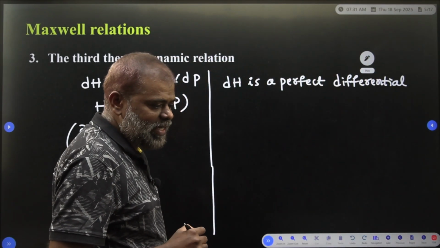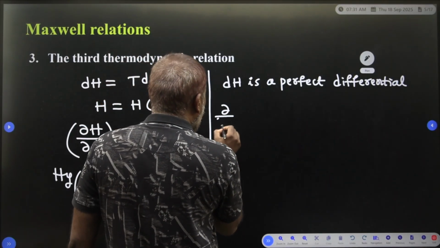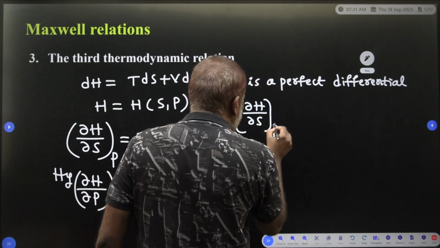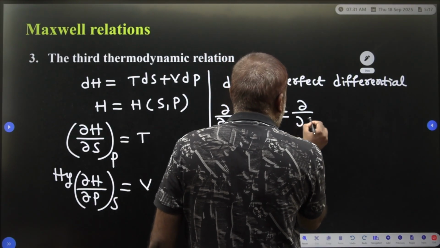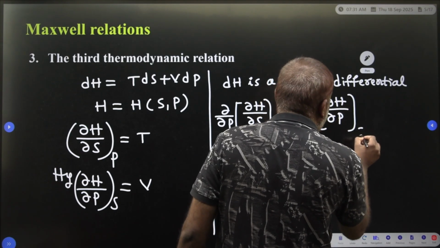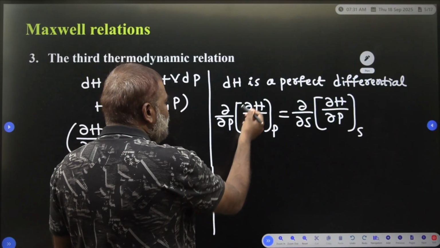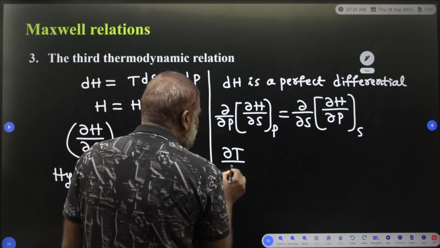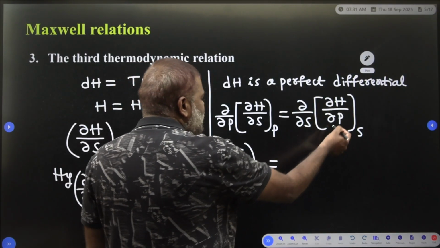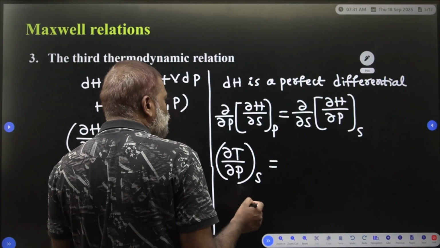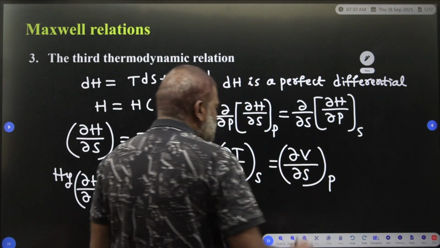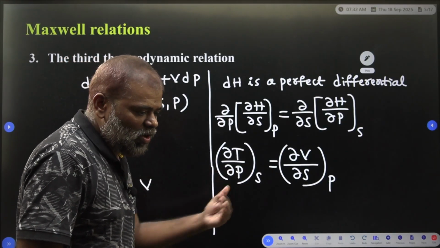So we write ∂/∂P of (∂H/∂S at constant pressure) is equal to ∂/∂S of (∂H/∂P at constant entropy). But you know that ∂H/∂S at constant pressure is equal to T, so ∂T/∂P at constant S, and ∂H/∂P at constant entropy is equal to V, so ∂V/∂S at constant pressure.